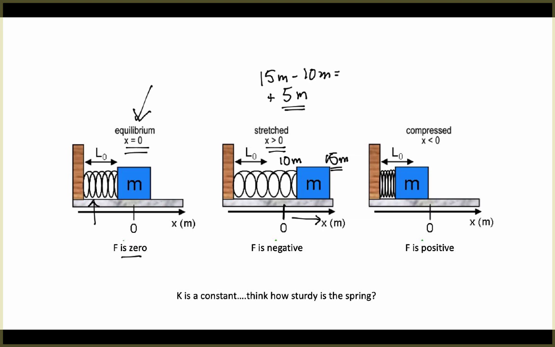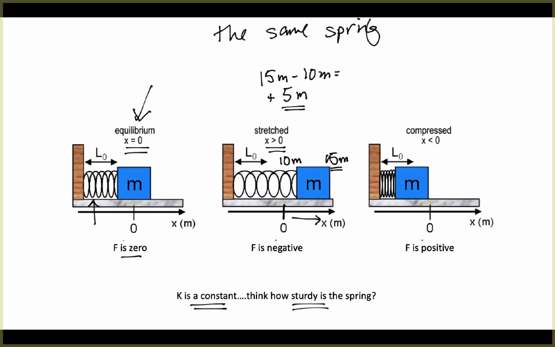Now, all of these, the K is constant here, because this is the same spring, right? We're looking at how sturdy that spring is. So that is going to be given to you, essentially. You could calculate what the spring constant is.